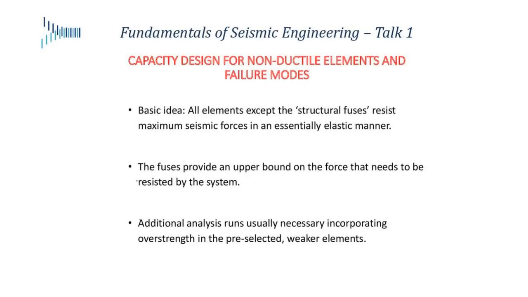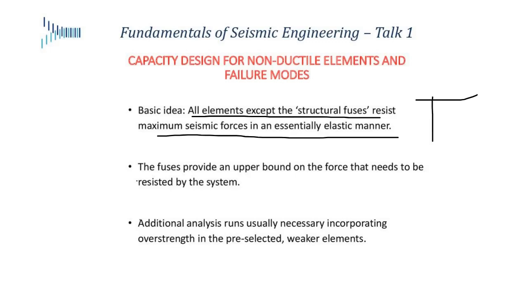Okay. So the idea is that we make all elements except the structural fuses resist maximum seismic forces in an essentially elastic manner. So it's just the fuses, it's just these parts of the structure.